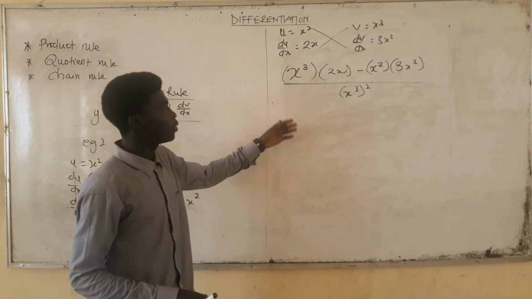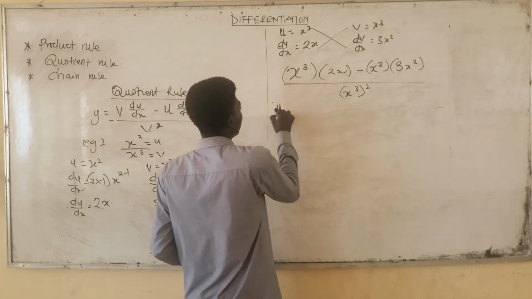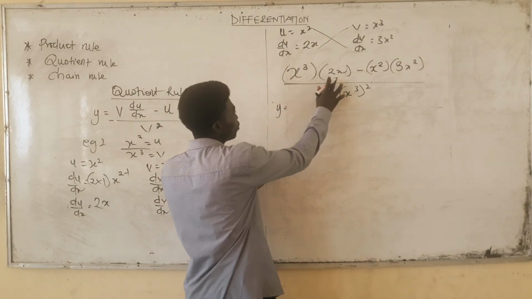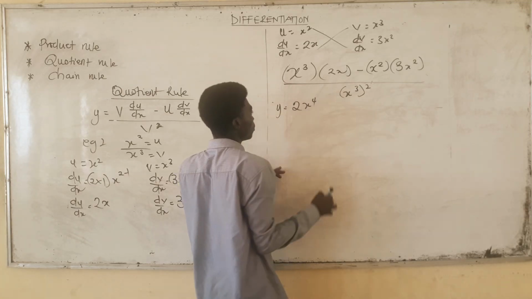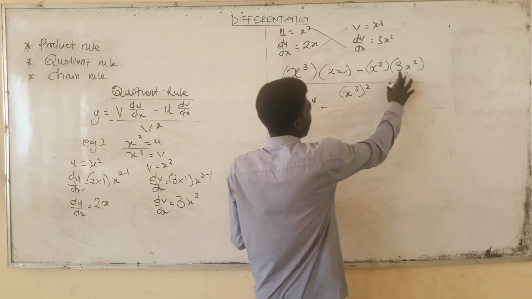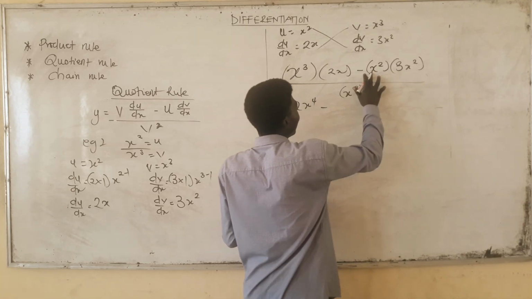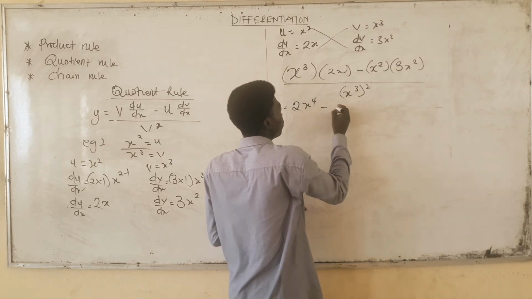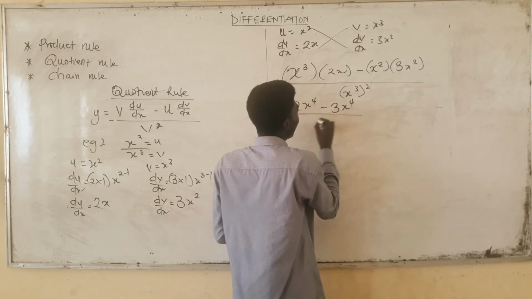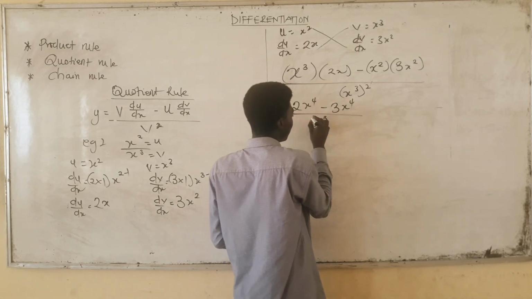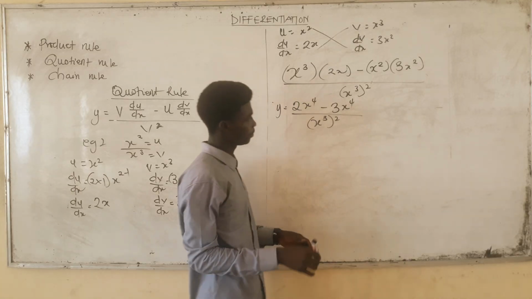Now we simplify the numerator. If you multiply 2x by x cubed, we are getting 2x to the power 4, minus, if you multiply 3x squared by x squared, we are getting 3x to the power 4, all over x to the power 3 all squared.